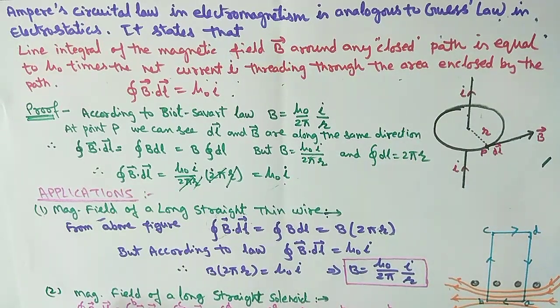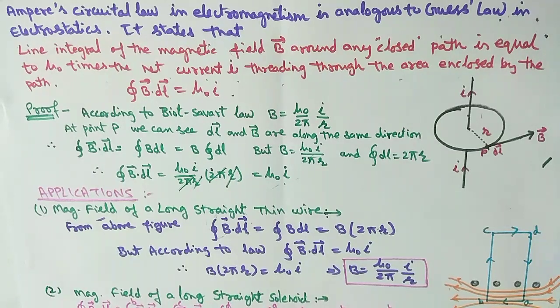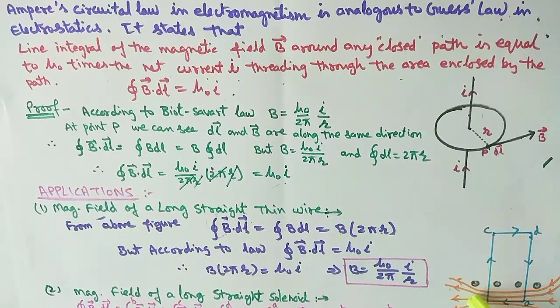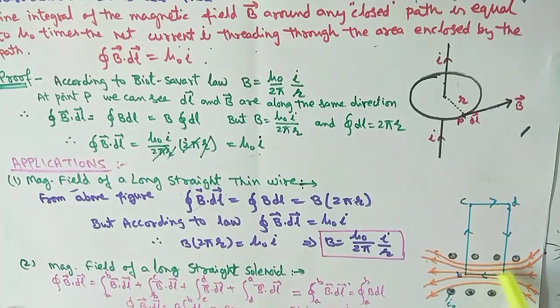Now come to the second application, the magnetic field of a long straight solenoid. You have already studied the solenoid in class 10th. A solenoid behaves like a magnet and produces a magnetic field around it and inside also. Inside the solenoid, the magnetic field is always uniform, and the magnetic lines are equidistant and parallel to each other. Clear?